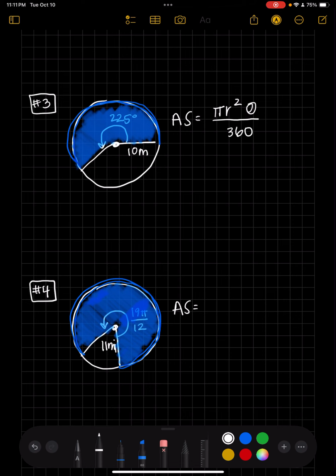So we need our radius, which is 10, and we need the theta, which is the 225 degrees. So I'm just going to replace those in my equation, which would give us pi times 10 squared times 225 over 360. And now all I have to do is plug that into my calculator.